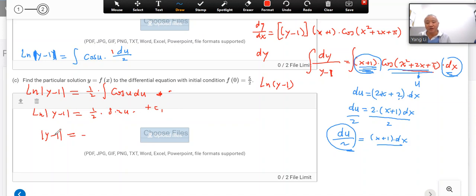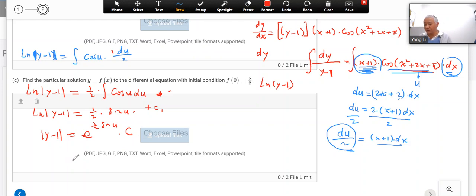When you change to the natural exponential, you're going to have e to the half sine u times e to the c1. But we can consider this another constant c, okay? So I just put another c here.